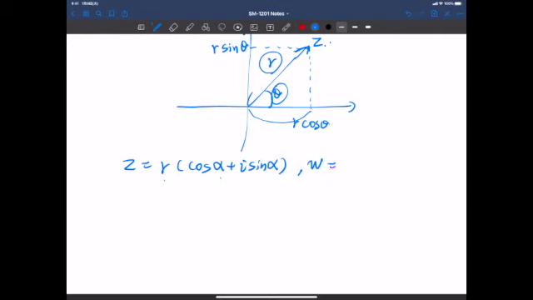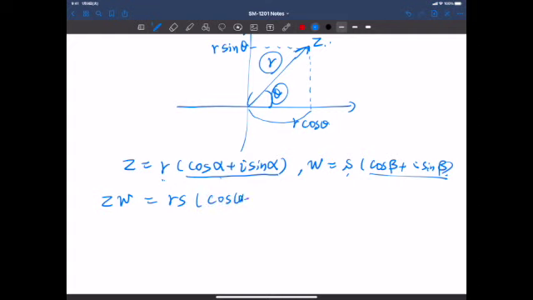And another complex number w is, let's say, s times cosine beta plus I sine beta. Then if you calculate their product, it becomes r s, and you already know this times this gives us cosine alpha plus beta plus I sine alpha plus beta.